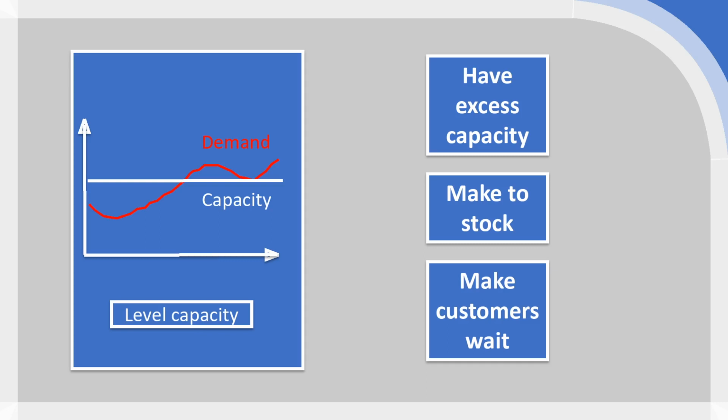The second approach is making to stock. This is a similar motivation really for pursuing this approach of level capacity. You're making to store goods, but also we see some interesting variations. So part producing is a major one. So producing the first element of the production line.